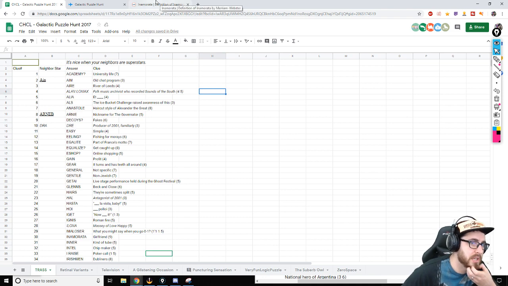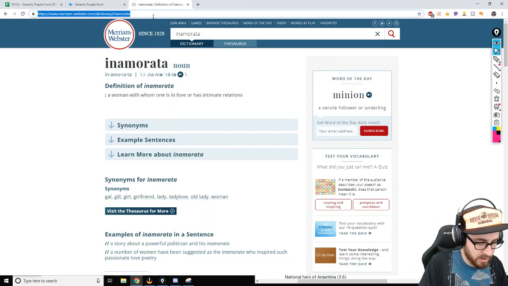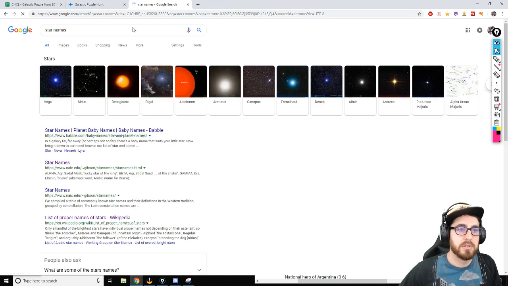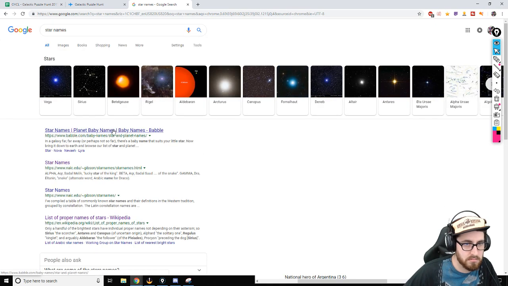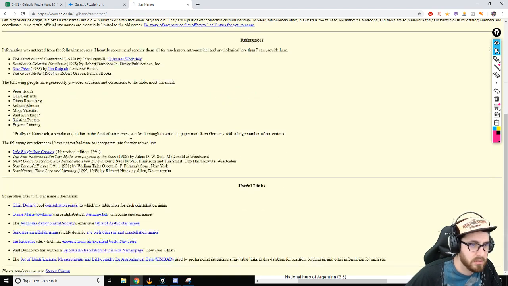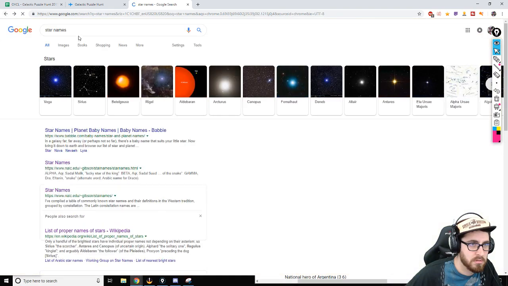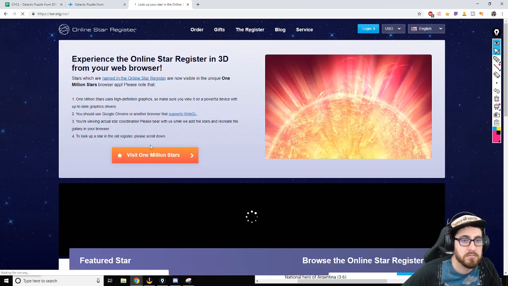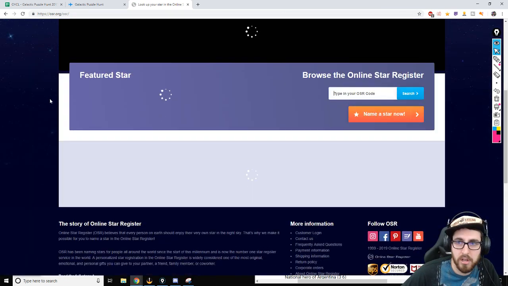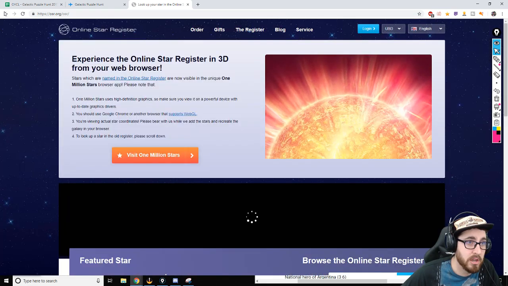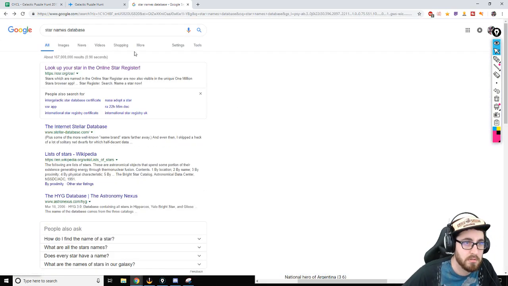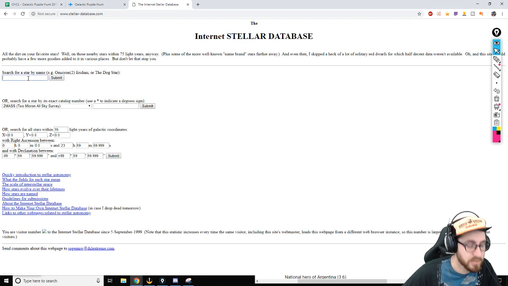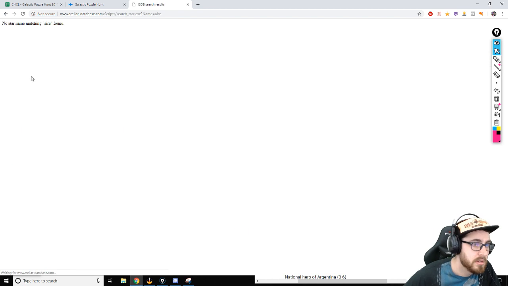So assuming that we are looking for star names. Okay, so I don't need to look up, I just need to type in a code. Nope, don't need to do that. The Stellar Database. Search for a star by name. Air.